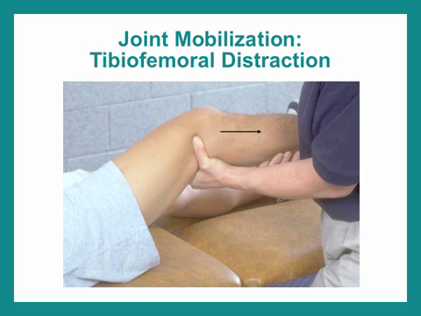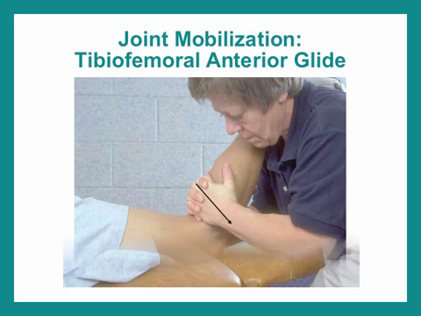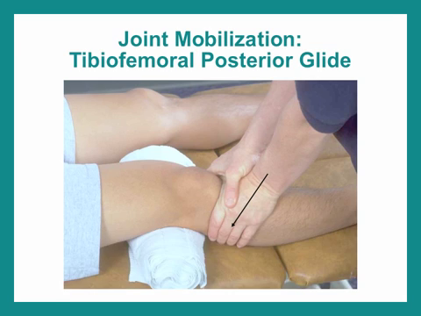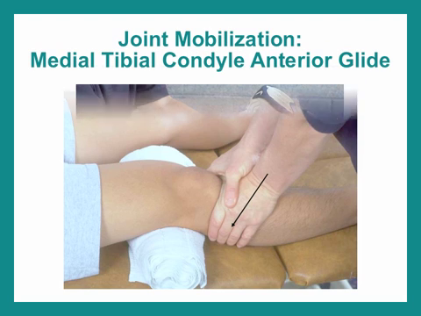So there's a straight distraction picture. Aren't doing any glides yet. There we've got an anterior glide working on improving extension. There's a picture of a tibiofemoral posterior glide working on some flexion, starting in resting position.